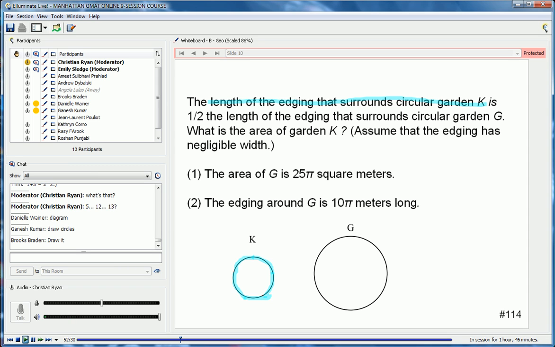So they're giving us some piece of information that connects the circumference of K to the circumference of G. And we should type that down somewhere. So circumference of K equals 1/2 the circumference of G. What can we do with that, Danielle?